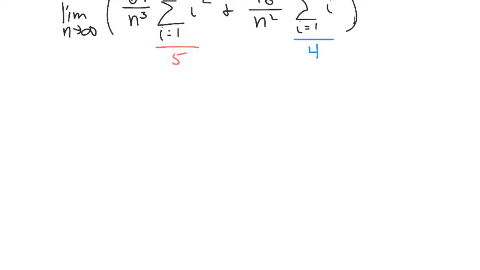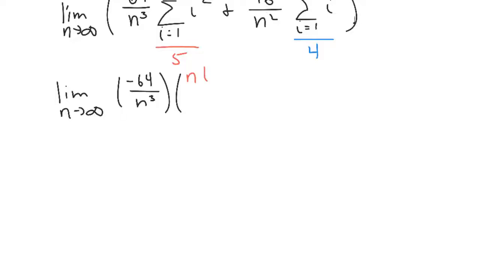The limit as n approaches infinity of negative 64 over n cubed times, and I'll put this in red, n times n plus 1 times 2n plus 1 over 6.